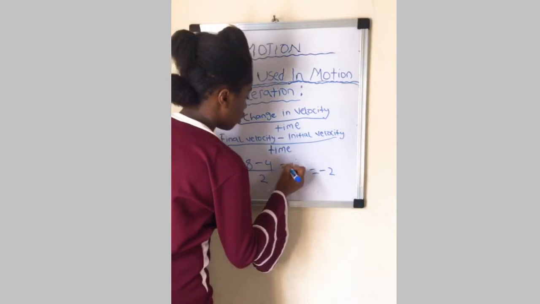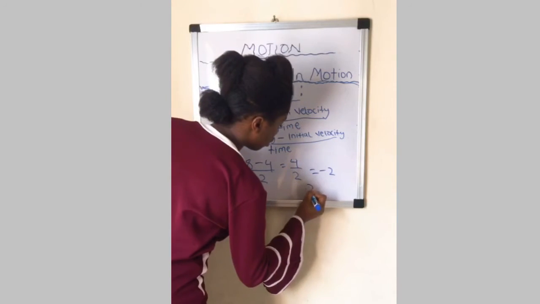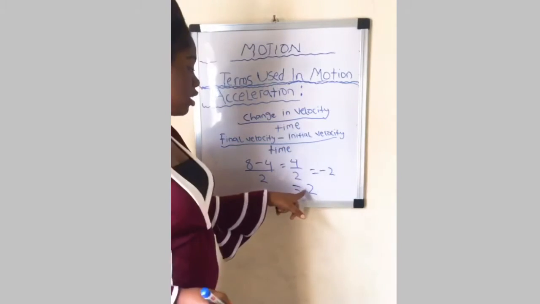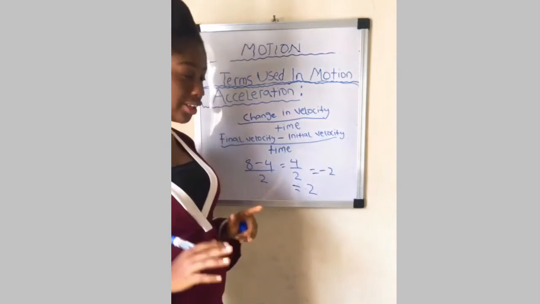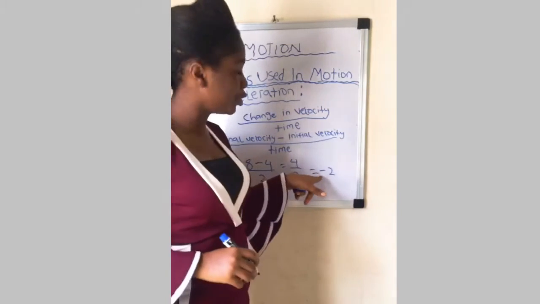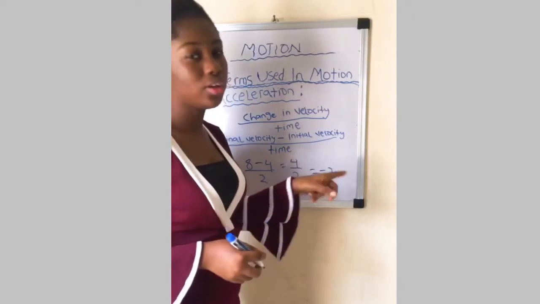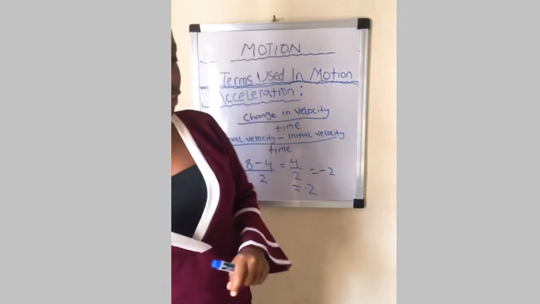So we have 4 over 2. This is 2. So when your answer is positive like this, it is called acceleration. The acceleration is positive, it's normal acceleration. But when it is reducing, when you have a negative answer, it is called deceleration or retardation. Please take note of that.